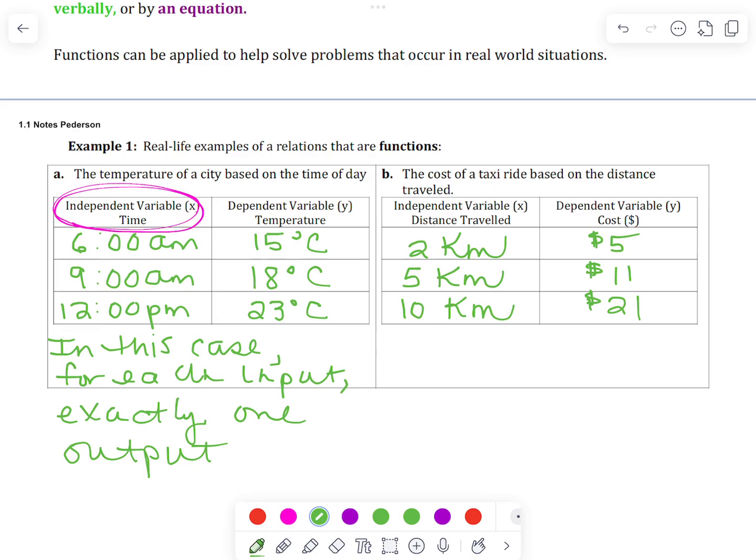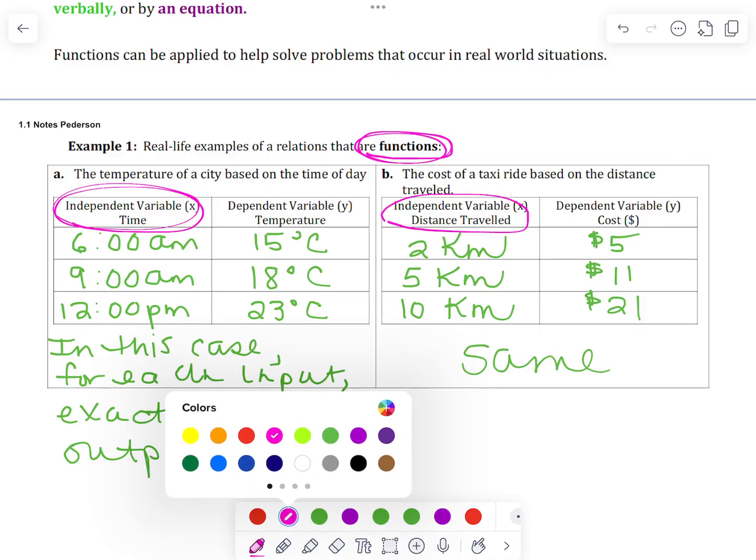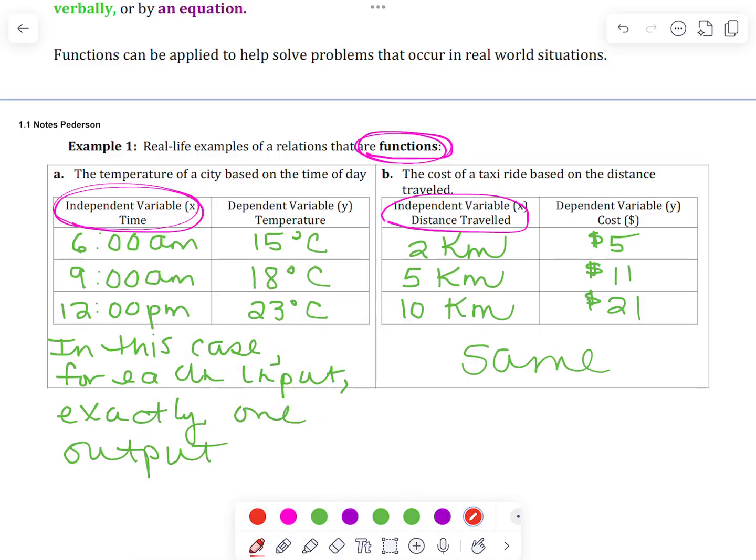Again, the same is happening. One input to one output. So these are both considered functions. They are real life examples of functions. So one input and one output.